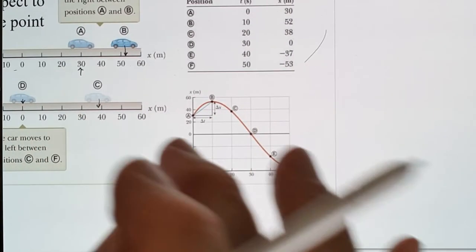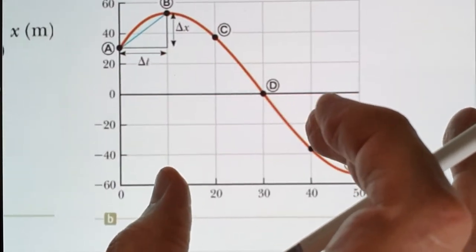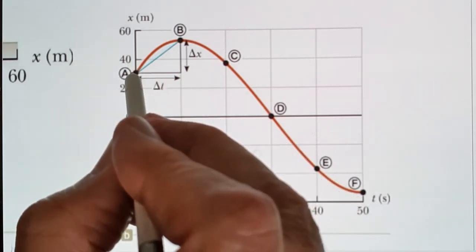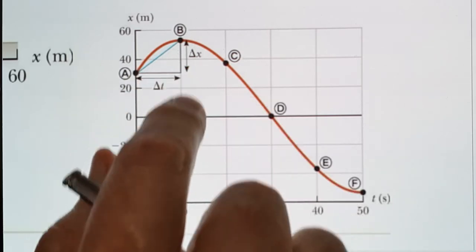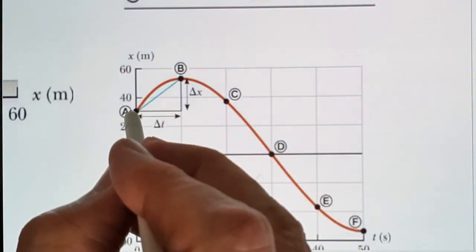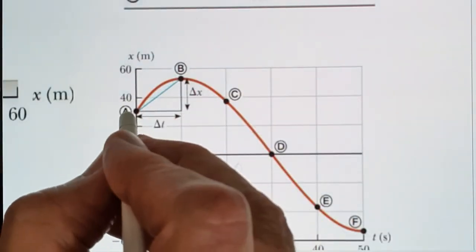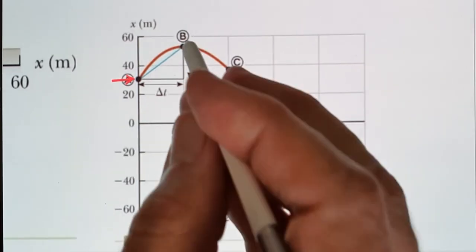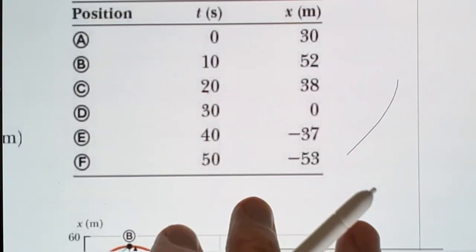Okay, let's look now at this graph. This is time, and this is x. So we started at 30, at time equal to 0. Then after 10 seconds, we went to 52.